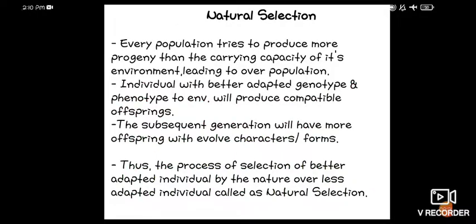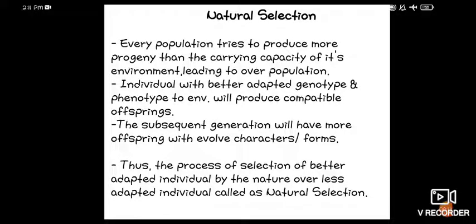Now, natural selection. The various elements or forces of evolution bring about variation in the gene pool of a population.